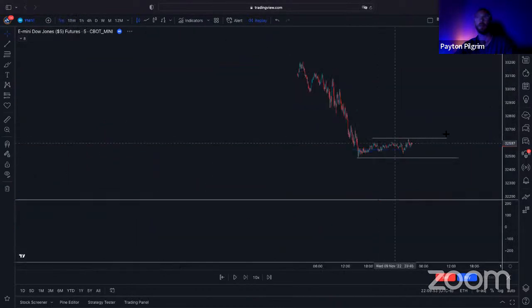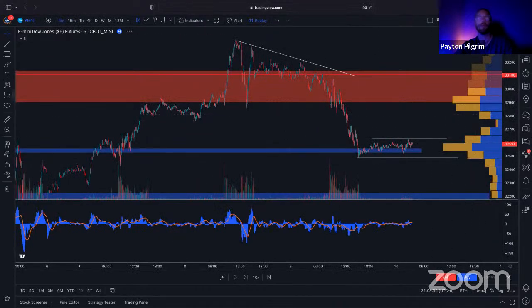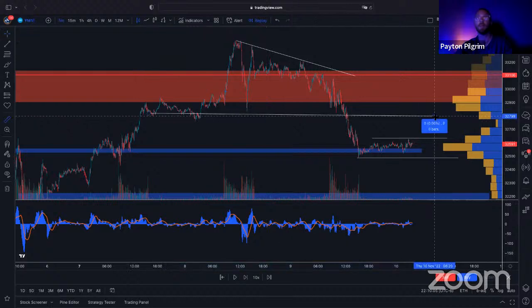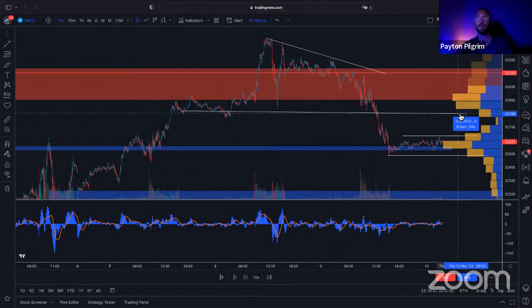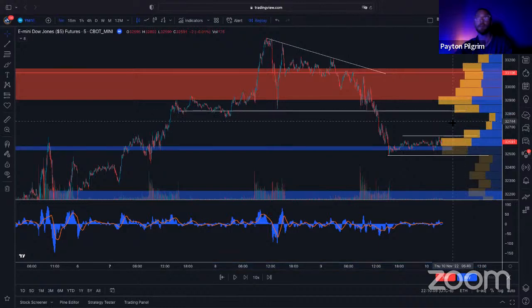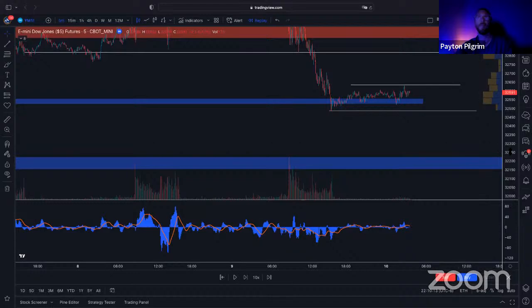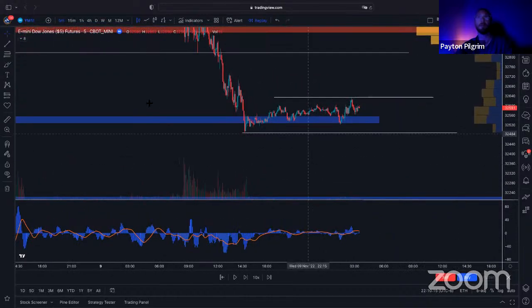So we should see the volume profile. It should head all the way up into this level actually. So that's good. We got some opportunity, downside and upside. Let's see which way it breaks.